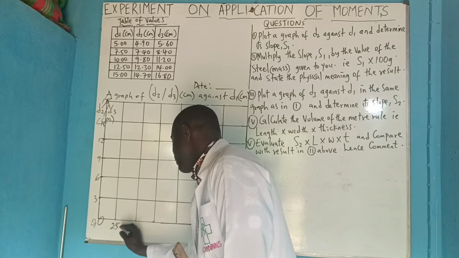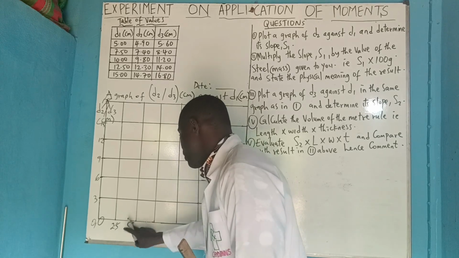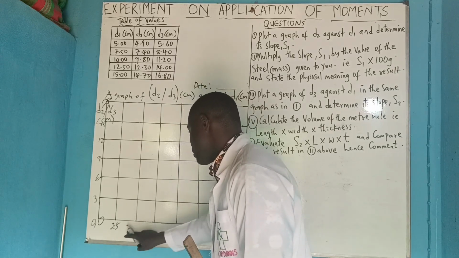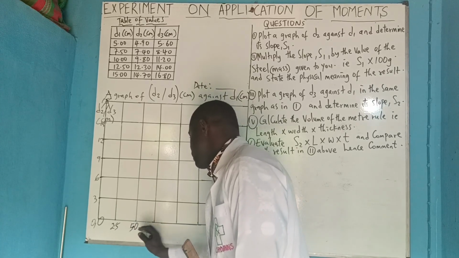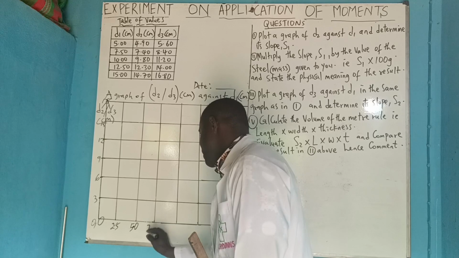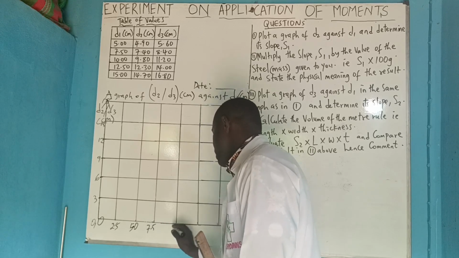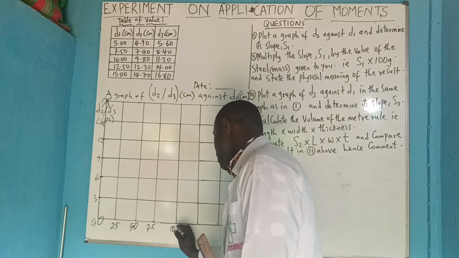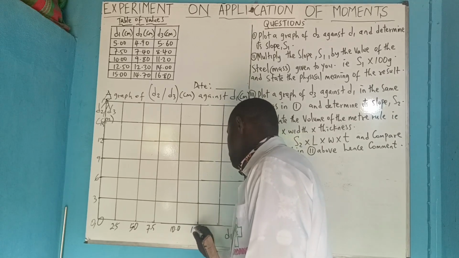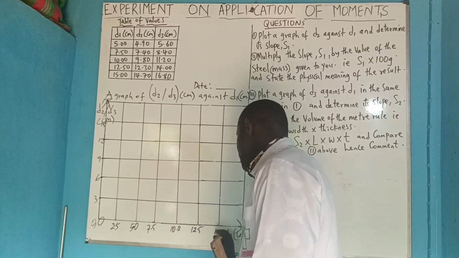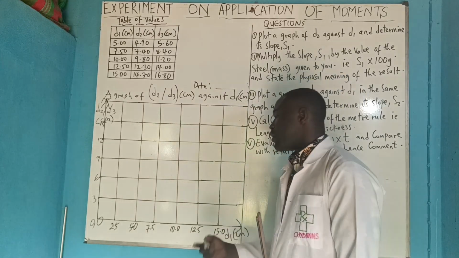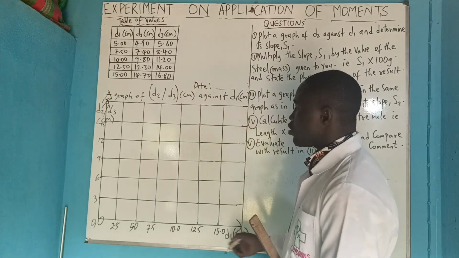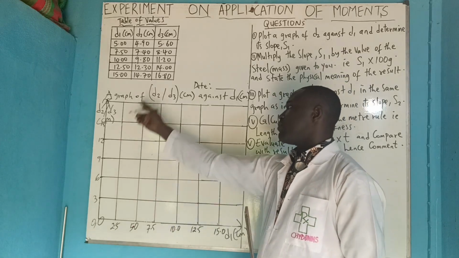Then 2.5, 5.0, 7.5, 10.0, 12.5, then 15.0. We use 2.5. So it can go by 2.5 and this can go by 3.